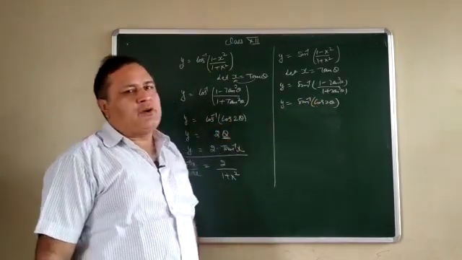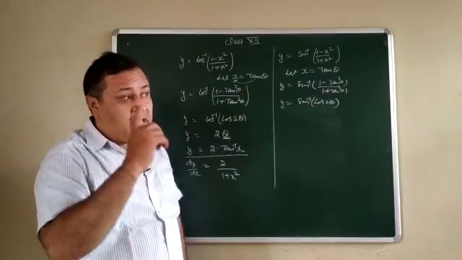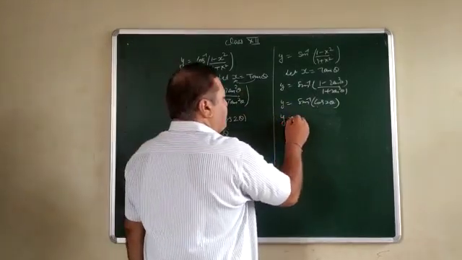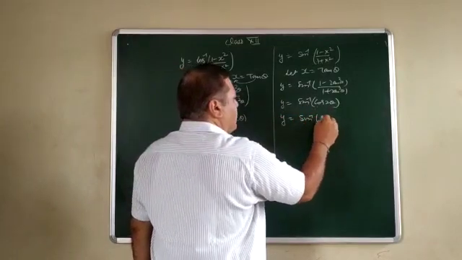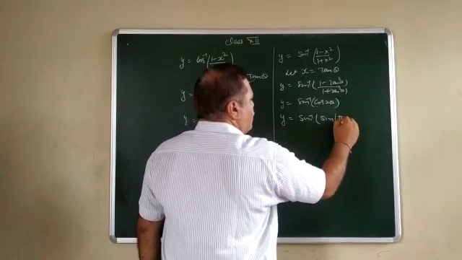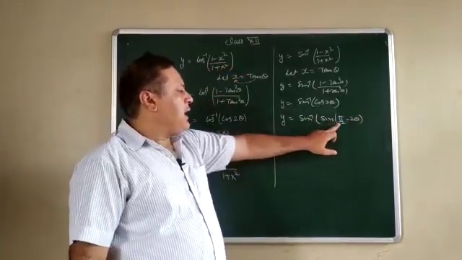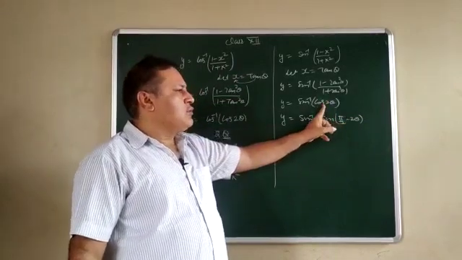It is not possible to cancel, but still we know the trigonometrical ratios and their relations. So we can write y is equal to sine inverse sine of (pi by 2 minus 2 theta). We know sine of (90 minus theta) is equal to cos theta.